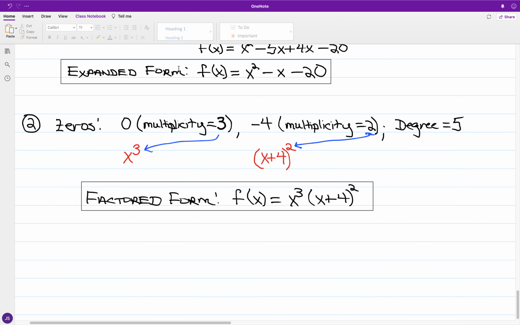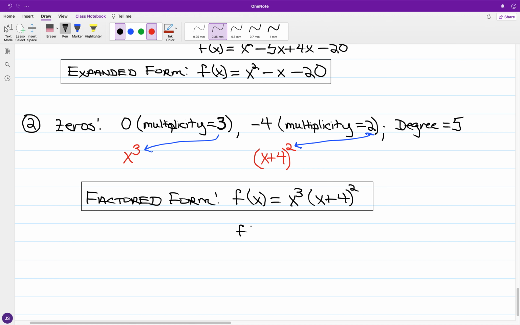And if we look at expanding what we have here, the square of x plus 4 is going to be x plus 4 times itself.